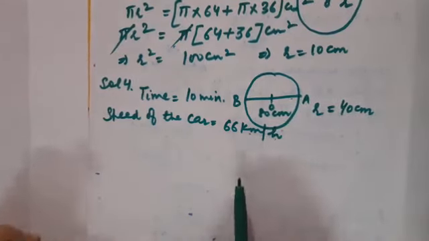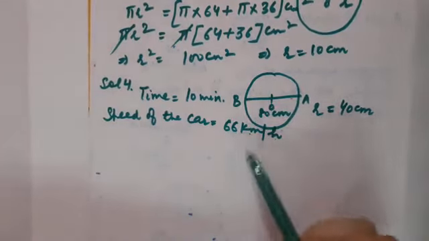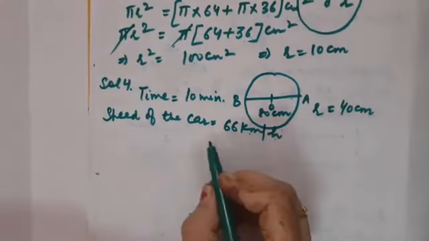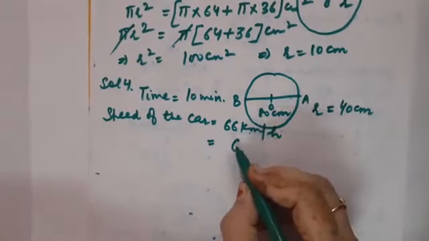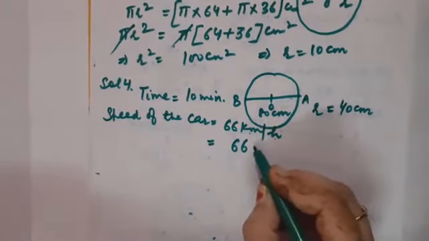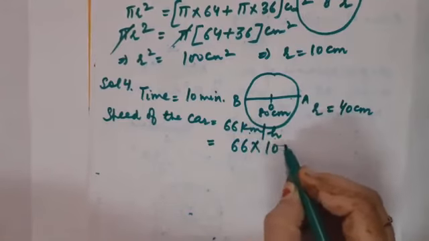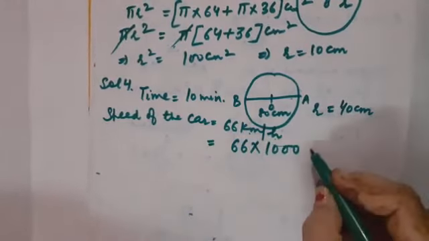So children, what should I do? First of all, I must make the same units everywhere. So you know that 1 kilometer is equal to 1000 meters. First of all, I am going to convert it into meters. It would become 66 into 1000 meters.